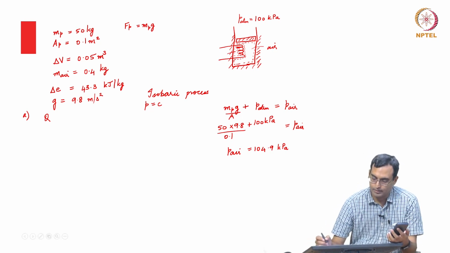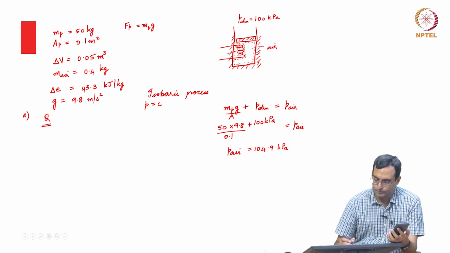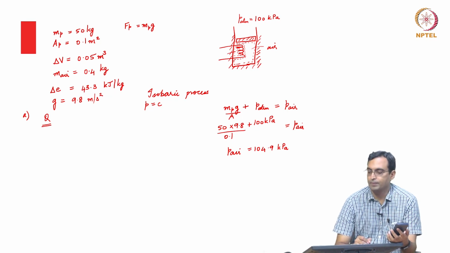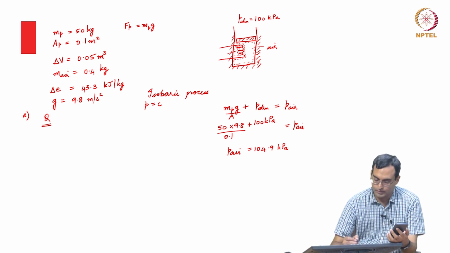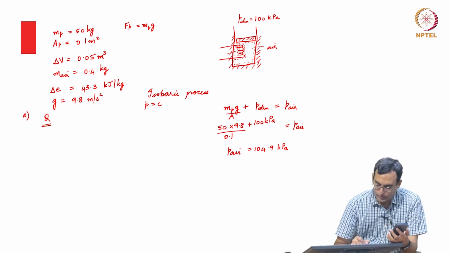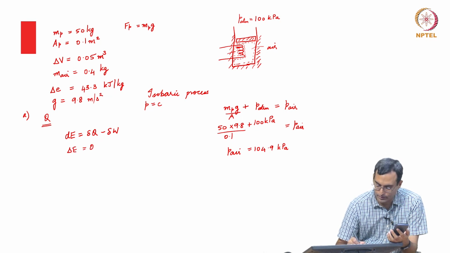We want to find out Q. We don't know a way of finding out Q directly because we do not know the temperature. So what we are going to do is try to use the first law. The first law tells us that dE is del Q minus del W, or in the integrated form, delta E is Q minus W.